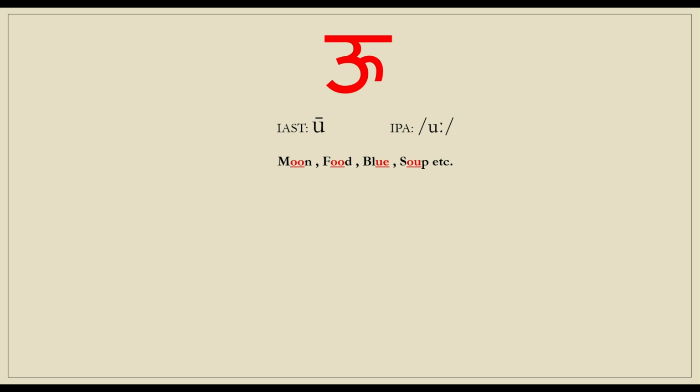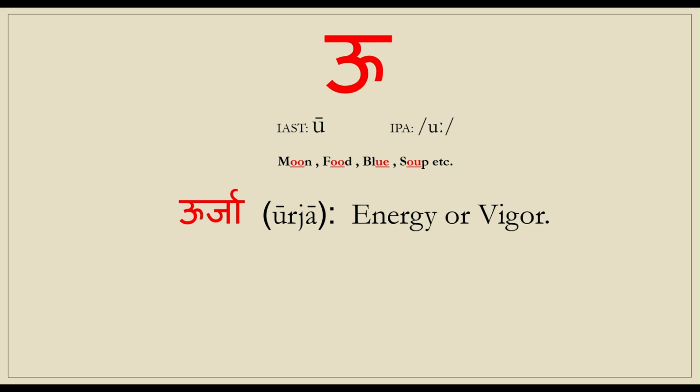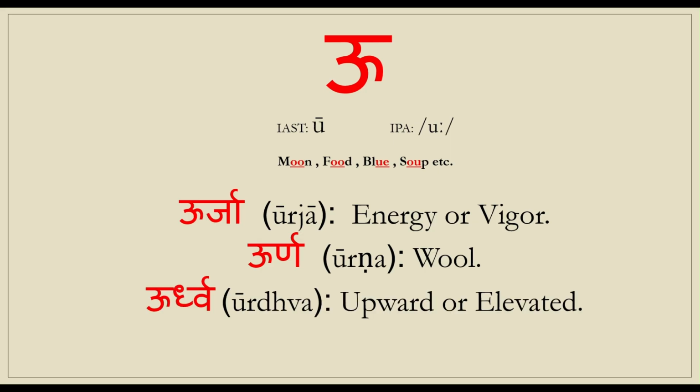That is a prolonged version of the previous vowel. The Sanskrit examples are urja, which means energy or vigor, the word urna, which means wool, and the word urdhva, which means upward or elevated.